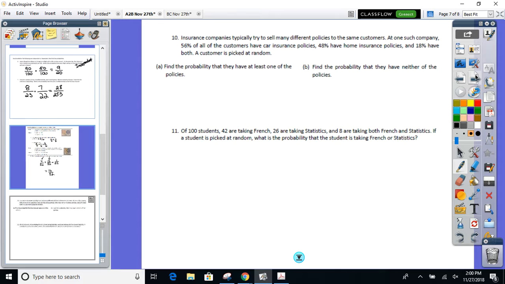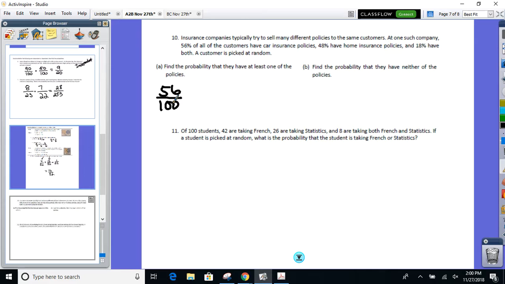So they can have one or both, right? That's at least one. What's the first type of policy? Car insurance? Okay, what's the chances they have car insurance? 56, which we know is 56 out of 100. Other type is home insurance. How many have home insurance? 48.